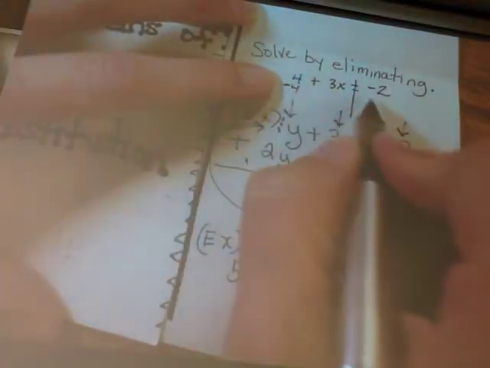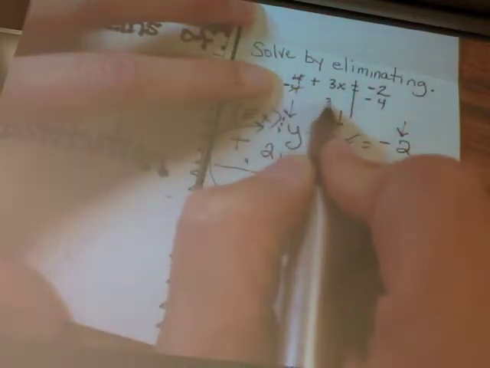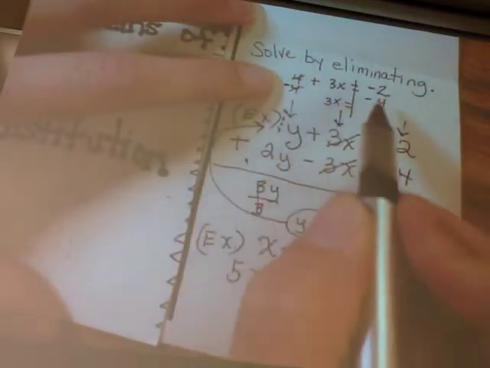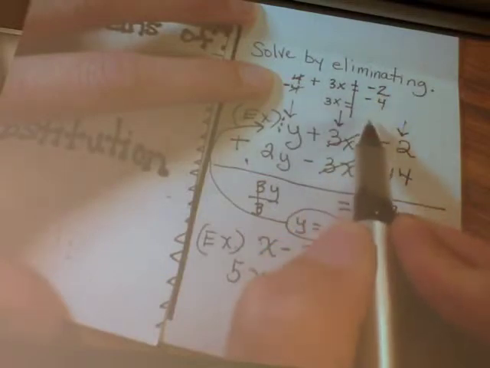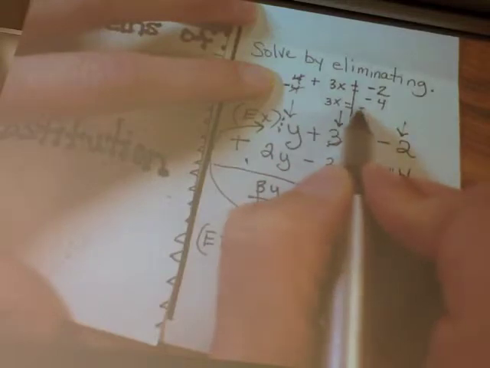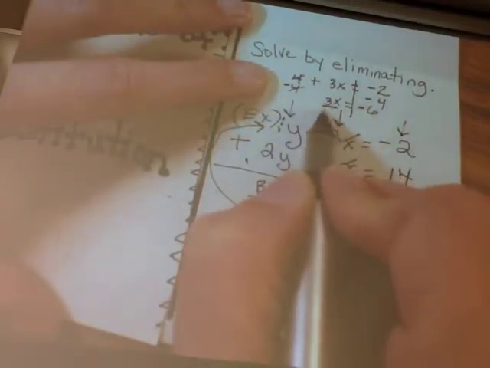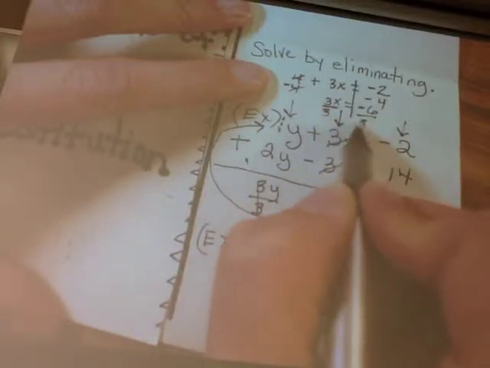Do that on both sides. So I have 3x equals, be careful, a negative 2 minus 4 is a negative 6. You have to watch your signs on that. Then divide by 3.